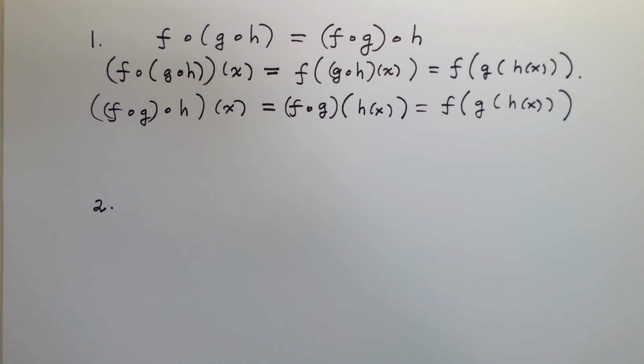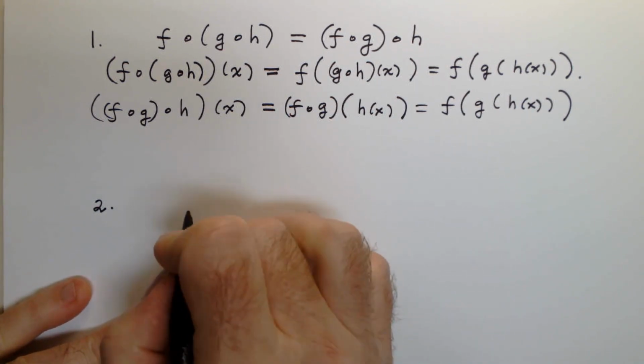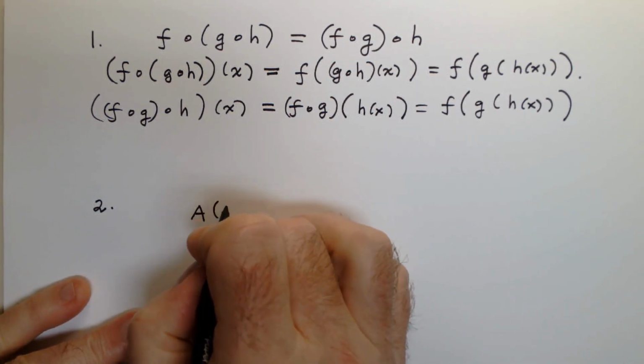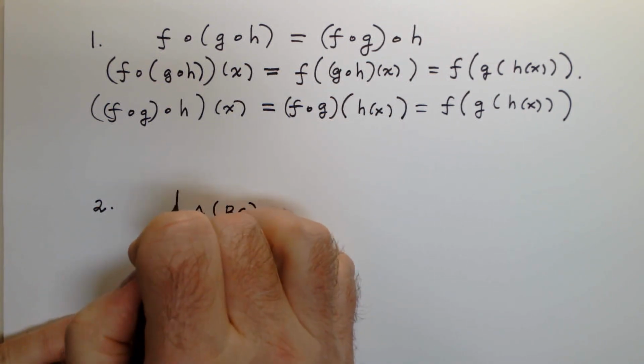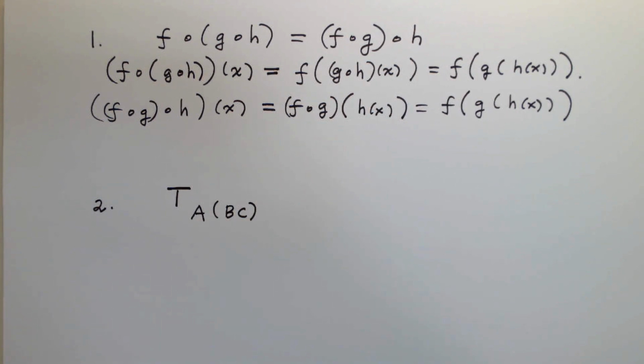Now, we're looking at a product of three matrices, A, B, and C. So let's think about the matrix A times B times C, and the transformation that's associated with that matrix.